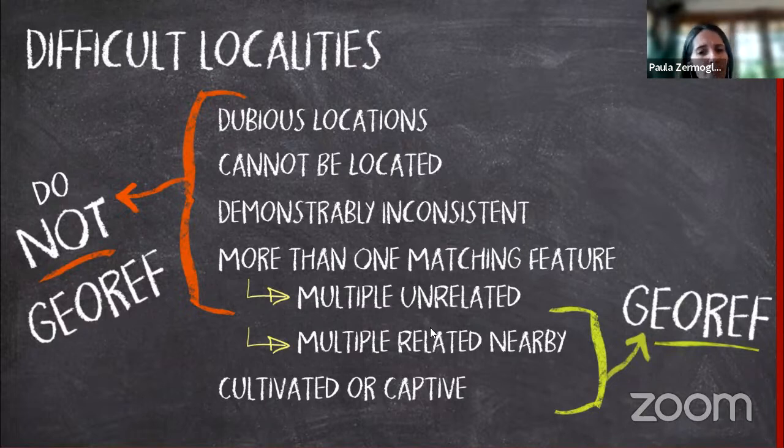And then there are other difficult localities that are more than one matching feature, but where those features are related and nearby. For example, in here near our house, we have a town that is called Lago Puelo. Lago means lake, but the town is called Lago Puelo. And then there is the actual lake, which is Lago Puelo.